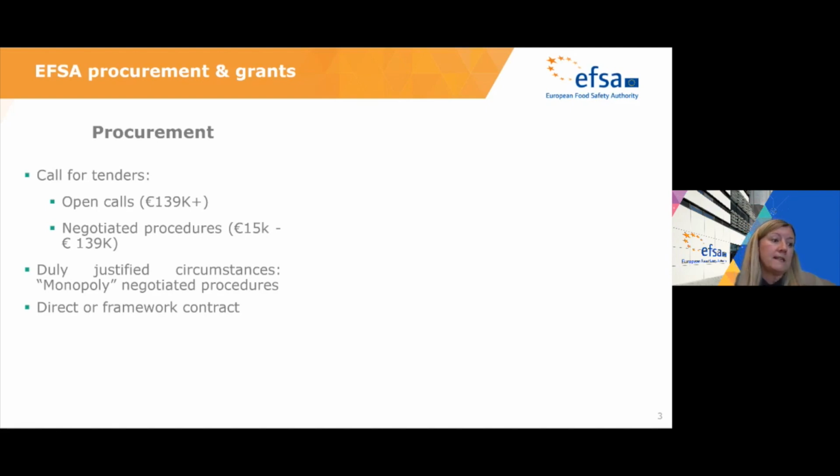Those rules set out a number of different procurement procedure types which EFSA can use to put in place contracts for the supply of services by providers in the market. The type of procurement procedure that we use will depend on whether certain conditions are met. The most frequently used procurement procedures at EFSA are open calls or negotiated procedures.